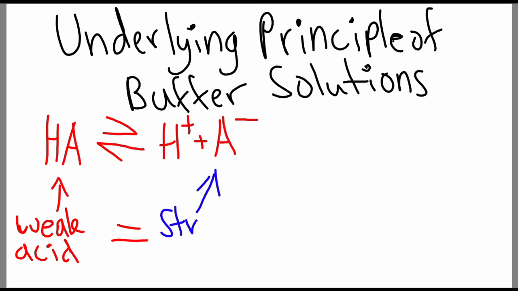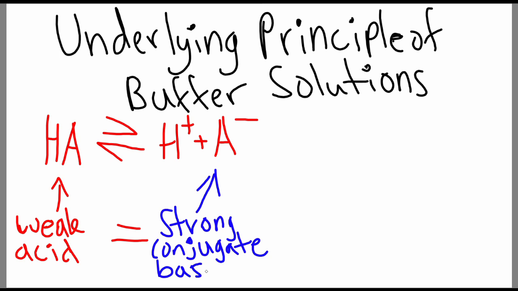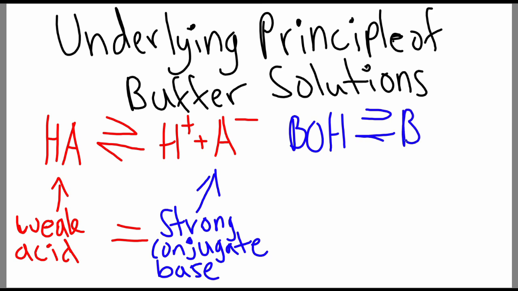So as described earlier in the video, buffer solutions rely on weak acids and weak bases. And when we talk about weak acids and bases, we talk about dissociation, and weak meaning a low dissociation. Now, if we have a solution with a weak acid or base, in this case, we just are using the general formula of HA and BOH, we'll end up with a strong conjugate acid or base, depending on whether we started with a weak acid or a weak base.